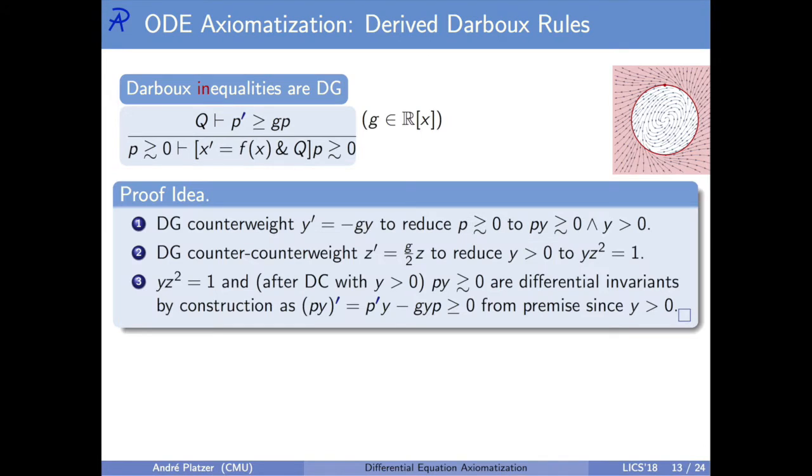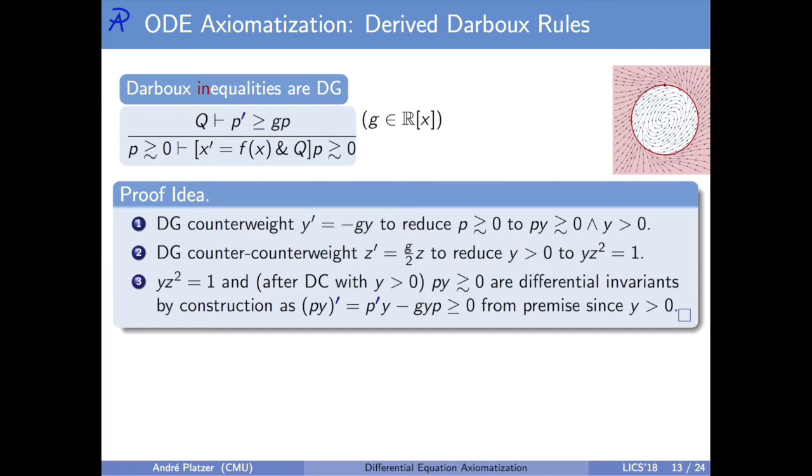The proof idea why this is a derived reasoning principle, it already follows from the things we have, is very similar. Again, differential ghost counterweight y' = -gy, so the opposite of that, right? Because then p greater than 0, respectively p greater or equal to 0 reduces to py greater or equal to 0 and y positive, right? And then again, you need something to show you that the new y is positive.